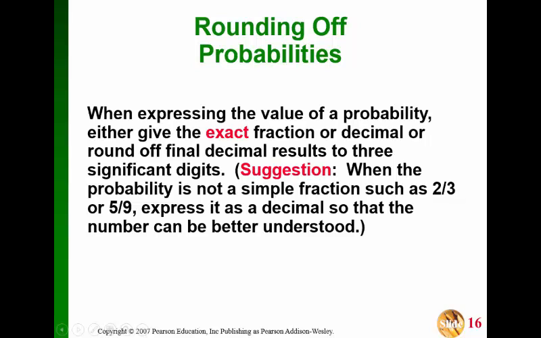Just make sure that if you write it as a percent, you put the percent symbol down. So this is their general round-off rules. I don't know if I specify the round-off in the test, so I'm just going to leave it up to you to round it off to 4 decimal places, if you need to. Or you can just keep it as a fraction.